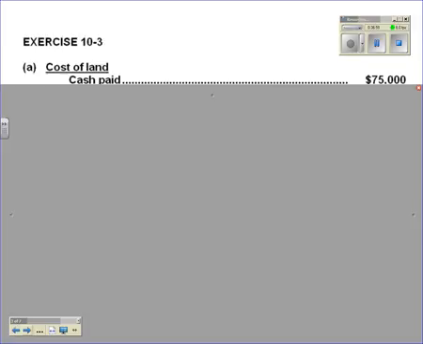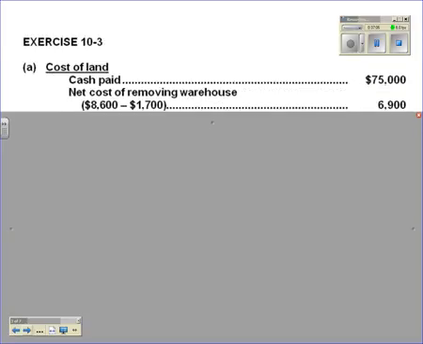But Junk by Jenny swooped in there and did what? Bought some of the salvage materials, okay? So we're looking at a net of $6,900 because this was the excavating. They're calling it a razed, but we're demoing. Okay, I'm going to call that a demo.